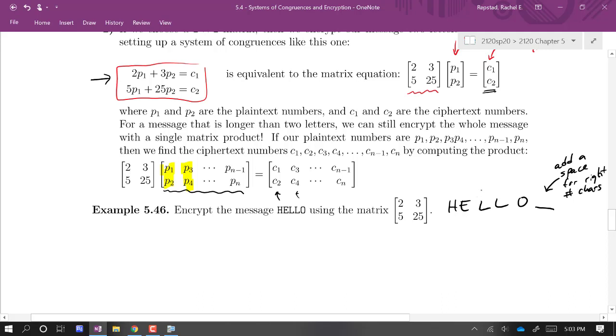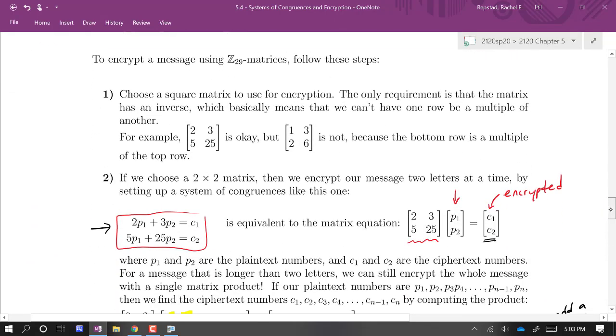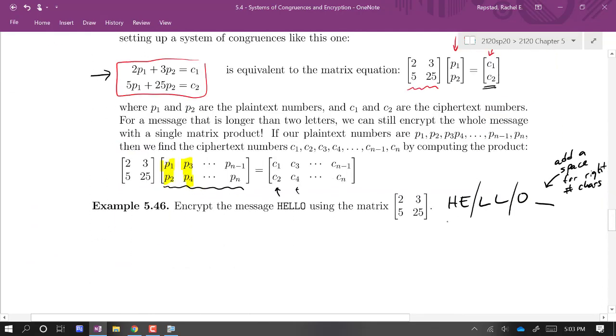I'm just chopping this up into 2-letter blocks. I'm going to go back to that table to see what numbers these correspond to. So H is 8, E is 5, L is 12, O is 15, and a space is 0. So this is 8, 5, 12, 12, 15, 0.